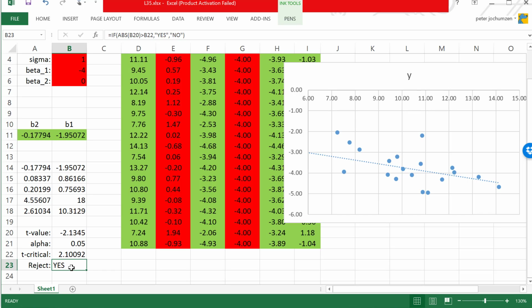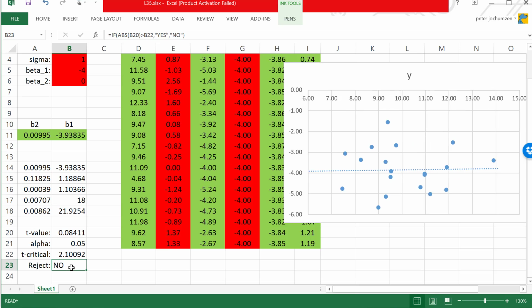The only thing is that it only happens in 5% of the cases, with 5% probability, if you like. So if I press F9, then approximately 1 out of 20 times I will get the incorrect answer, yes.